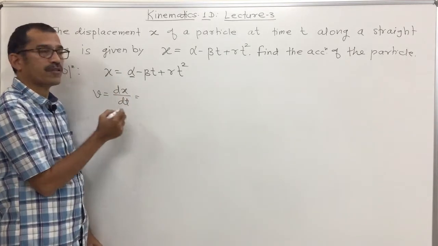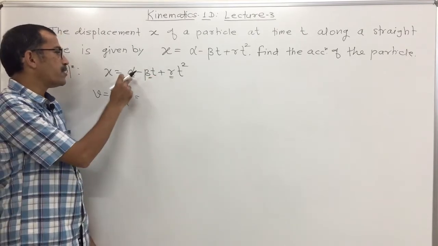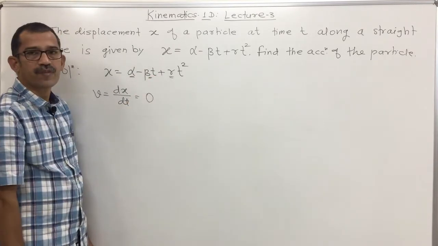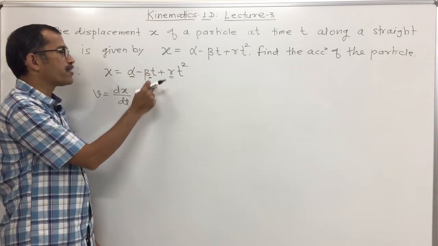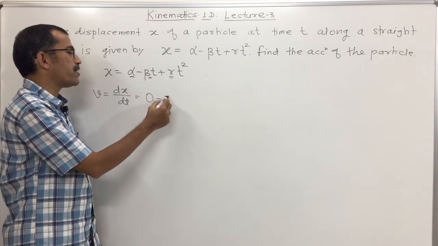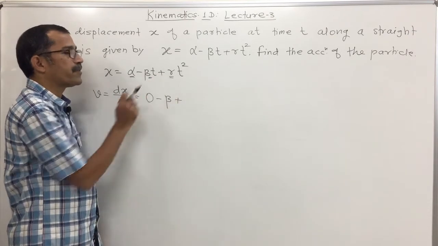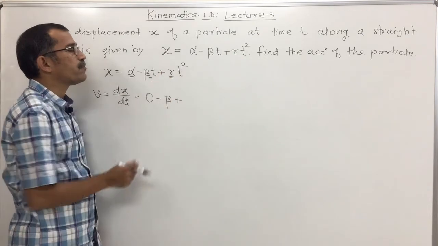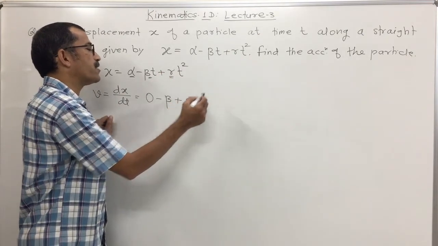Alpha is constant, beta is constant and gamma is constant. Differentiation of a constant term is 0. Minus beta t: beta is constant, differentiation of t is 1, so minus beta. This one is gamma, right? Constant. Differentiation of t square is 2t. That means this will be 2 gamma t.